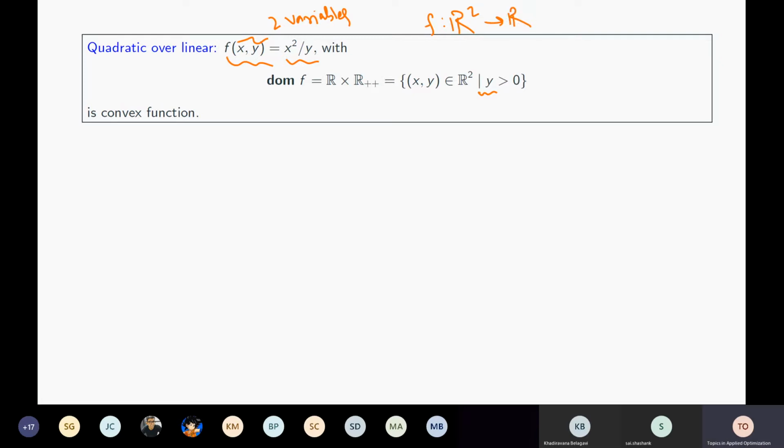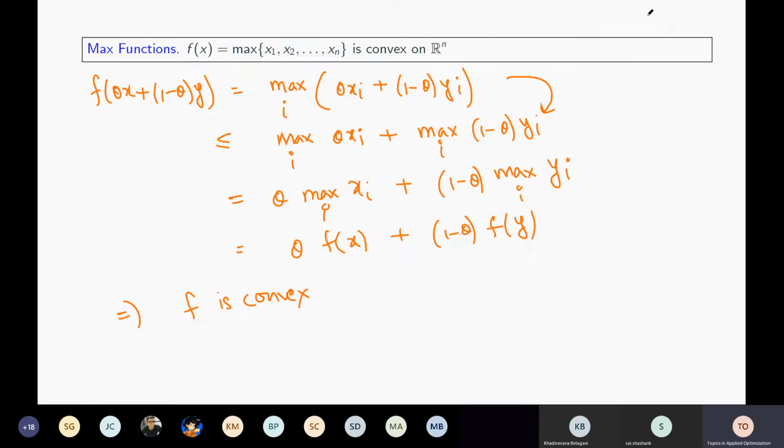To prove that it's a convex function, we are going to use the second order condition. The second order condition tells us that the Hessian ∇²f(x) is greater than or equal to 0. In the previous case, we used the original definition of convexity, the line definition.